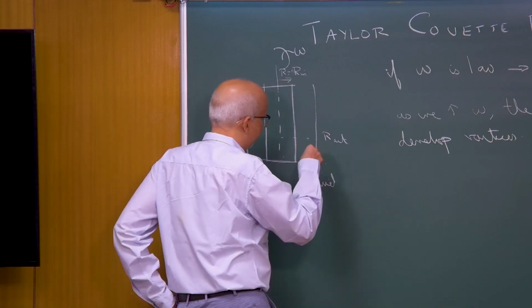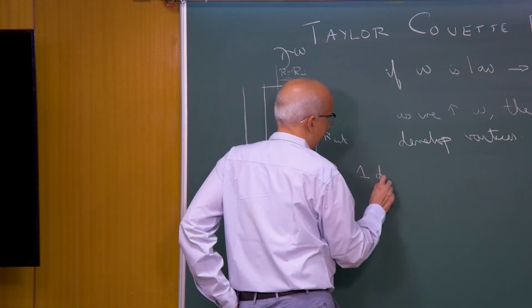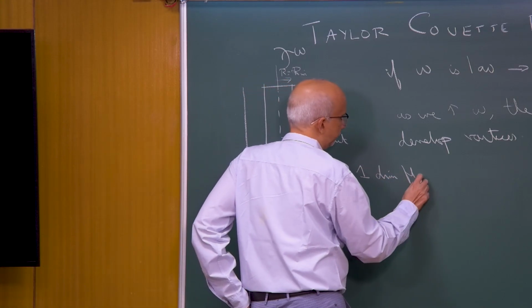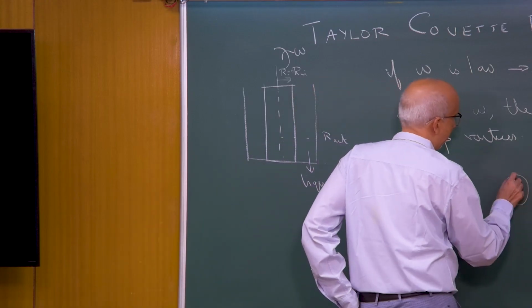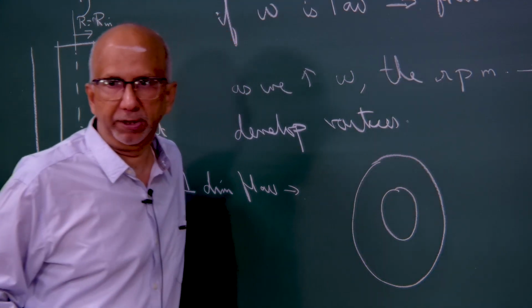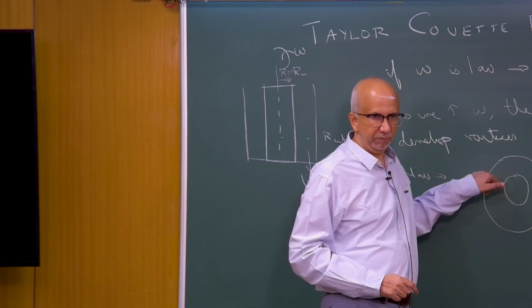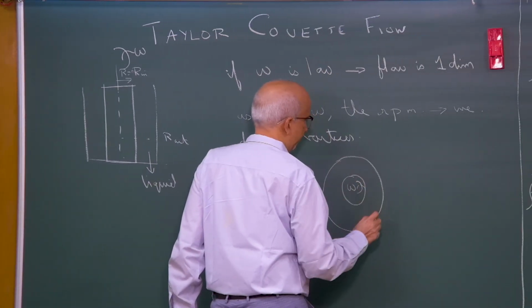So, if I look from the top, okay, what is this 1D flow? One dimensional flow means, if I look at the top view, I have a circle here, I have a circle here, okay. This is the inner cylinder which is rotating at omega, okay.